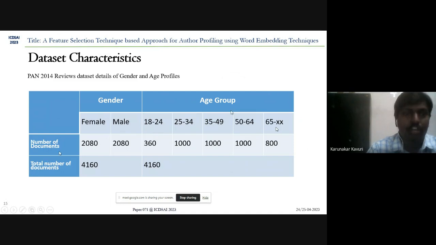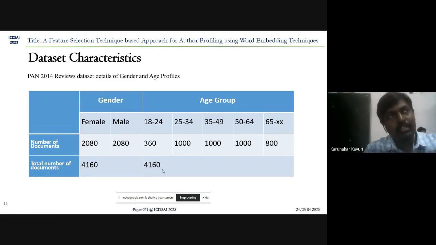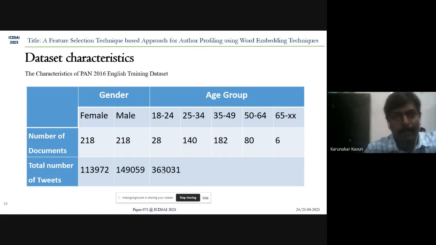The number of documents I considered here is 2080, total 4160 documents. The same documents are divided into the number of age groups, 4160. So this data set can be used for the experiment.